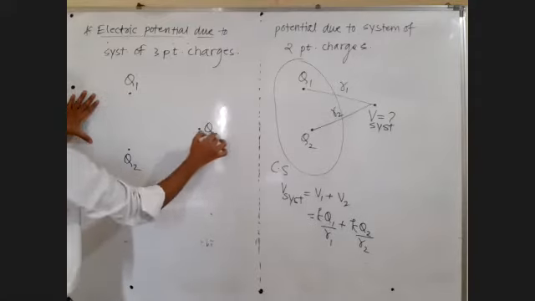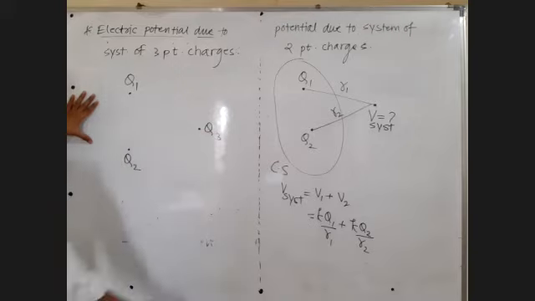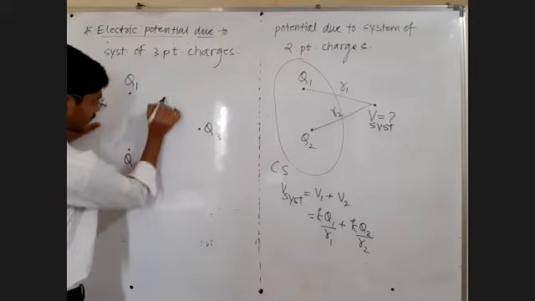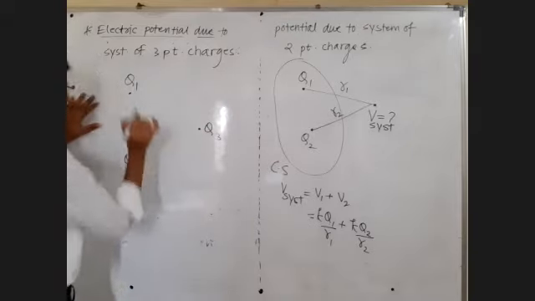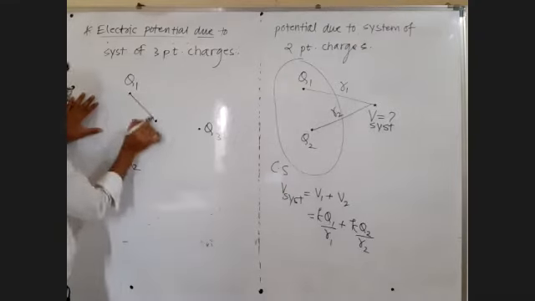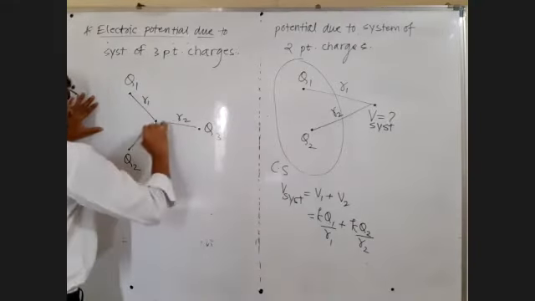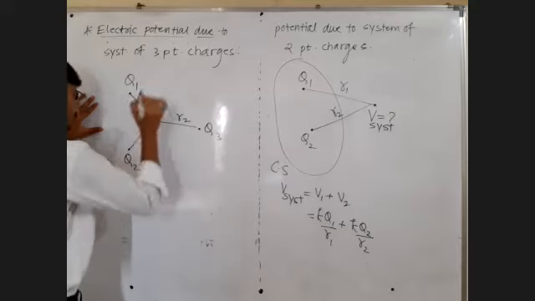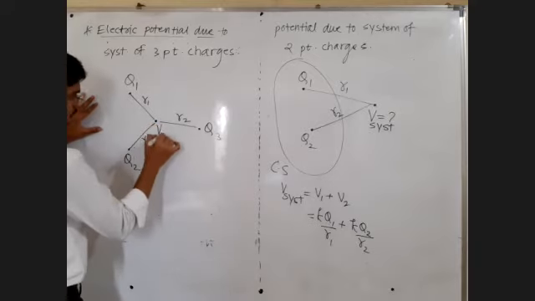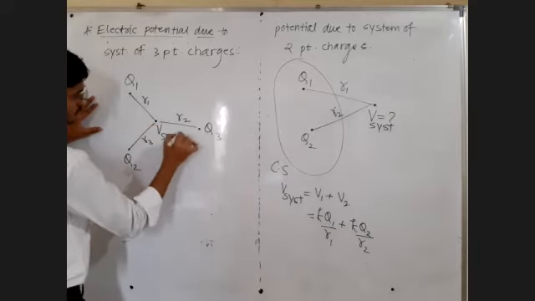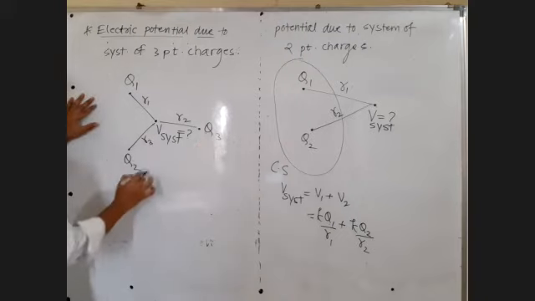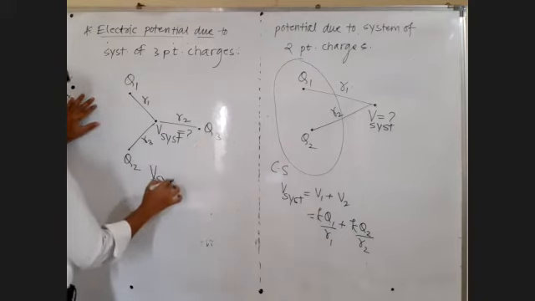I want Q3 here. What is the potential at this point? Let's say this distance is R1. Let's say this distance is R2. Let's say this distance is R3. The potential at this point because of this system is equal to question mark. Not a big deal. Just write it down.